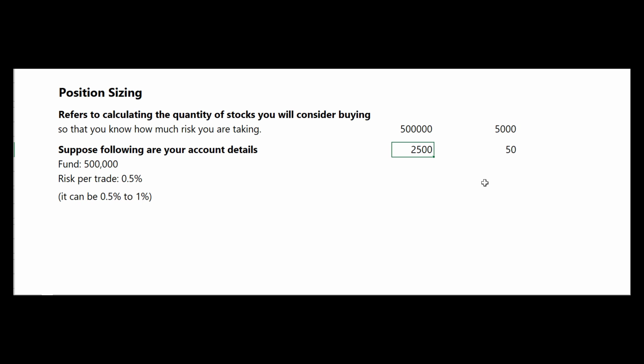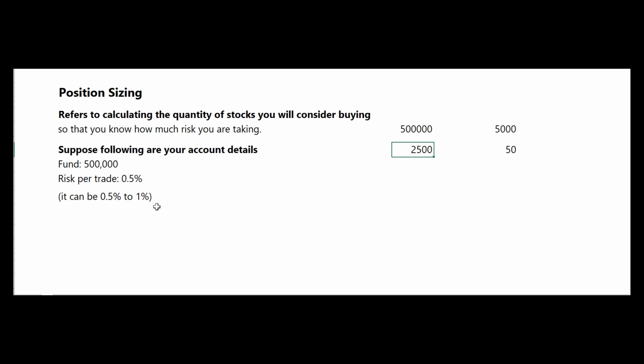If I consider 0.5%, it means that if I execute a trade and it fails, I am going to lose 2,500 rupees. That's all. I am not going to lose any amount more than 2,500 if we follow position sizing. That is exactly what it means.